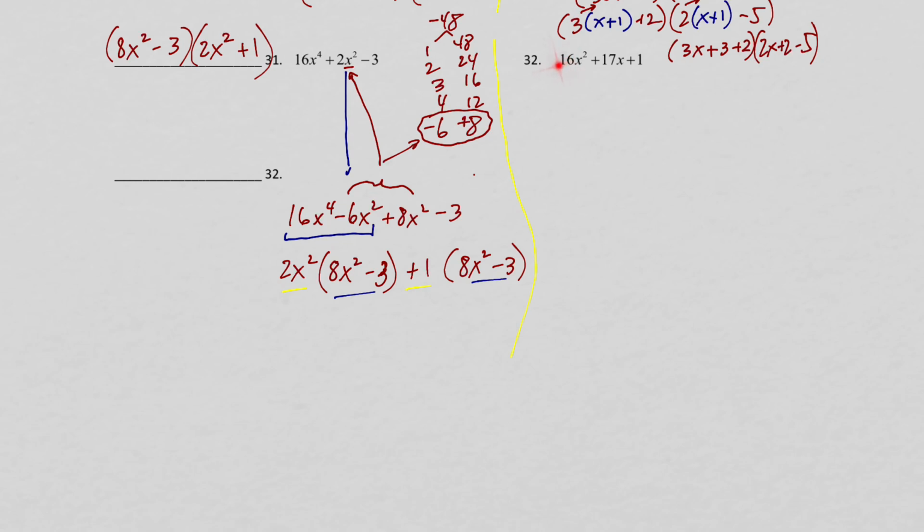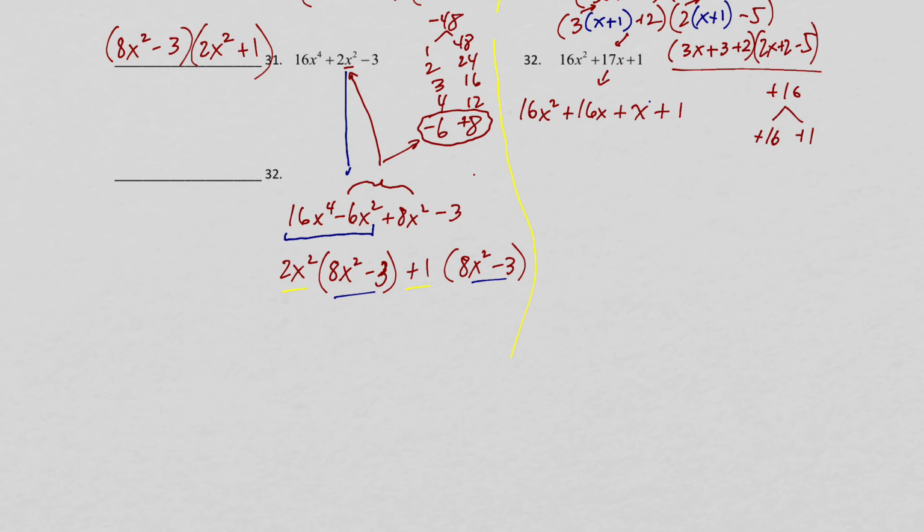Okay, because I have a leading coefficient, I multiply them together and I get positive 16. And I'm looking for factors, because it's positive, that add up to 17, so that's pretty easy. Positive 16 and positive 1. So I'll rewrite that. Now 16x squared plus 16x plus 1x plus 1.